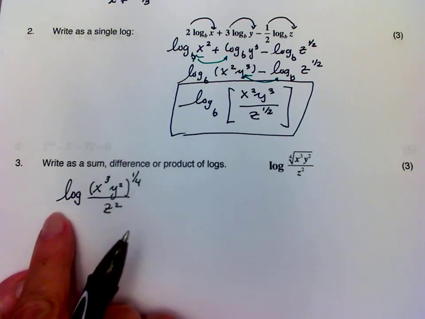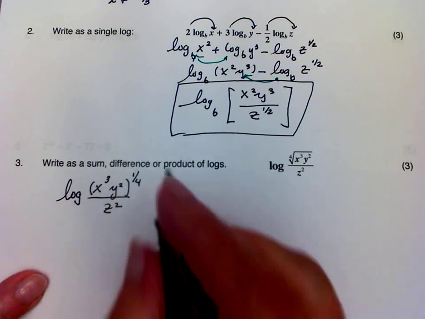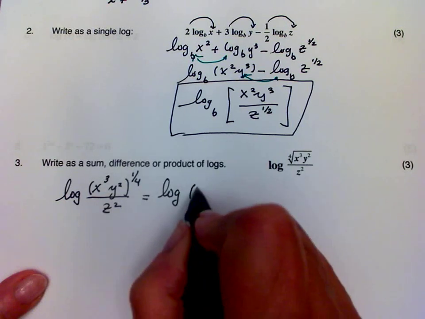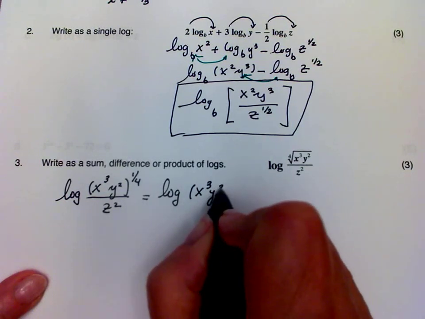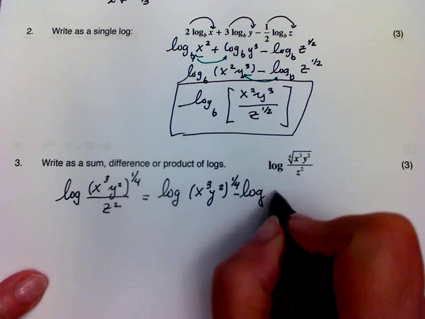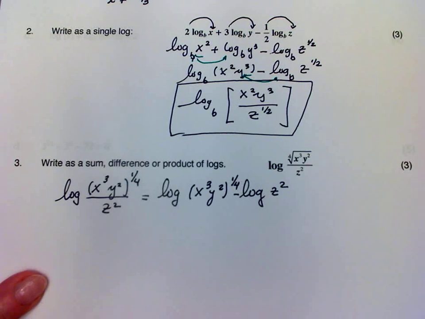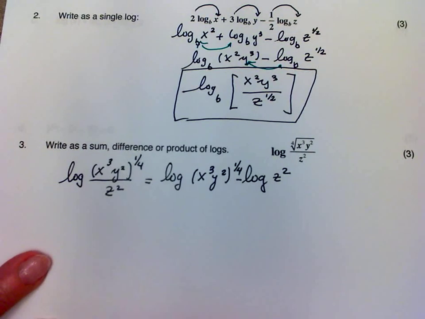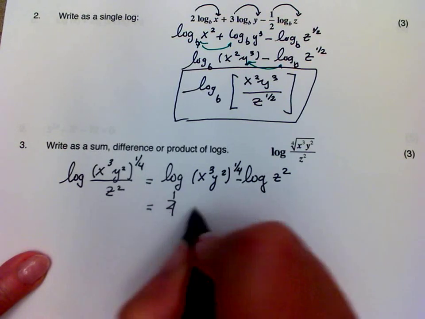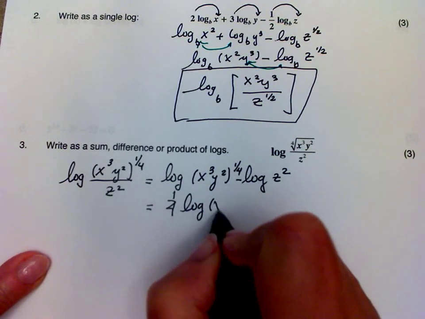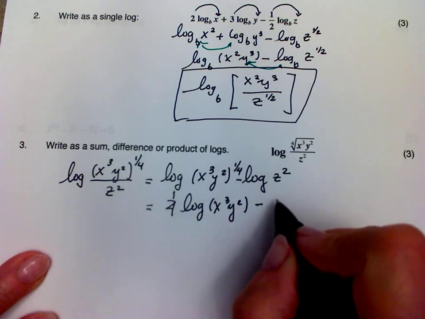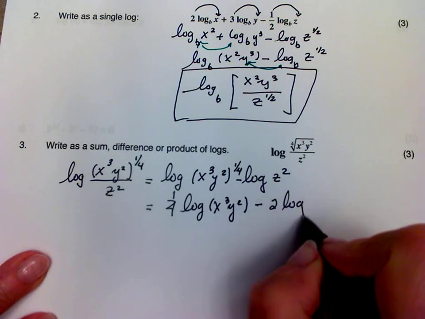Now, properties of logarithm says that if you have a quotient, you can turn it into a subtraction. So this becomes the log of the numerator, subtract the log of the denominator. I can now bring the exponents down, so this would be 1/4 log of x cubed y squared, subtract 2 log z.